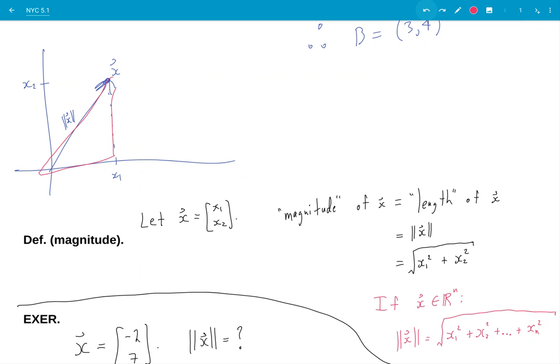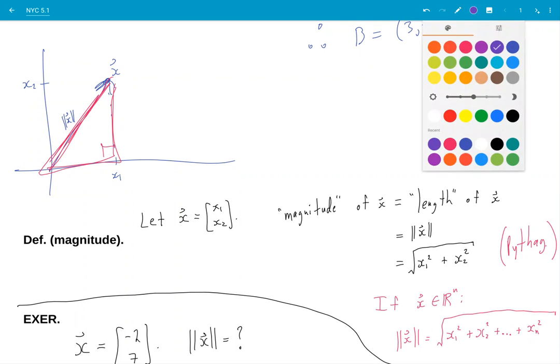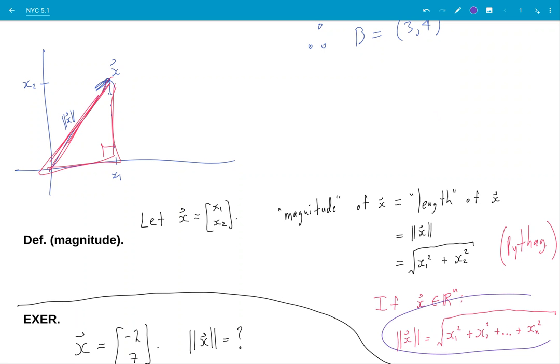If you imagine this to be a right angle triangle, you can use Pythagoras to get this formula. So that's our definition. That's what we will define to be the length of a vector. If you have higher dimensional vectors, you just extend this to however many components you have.